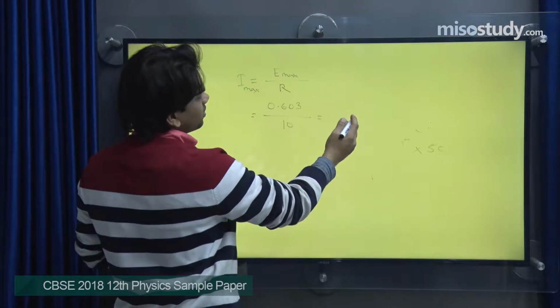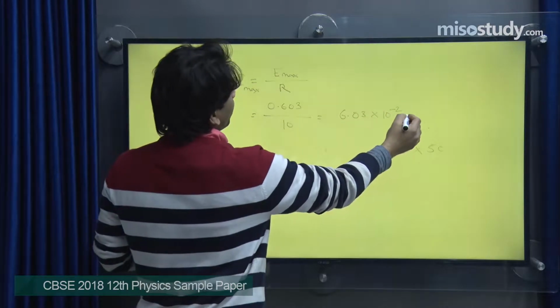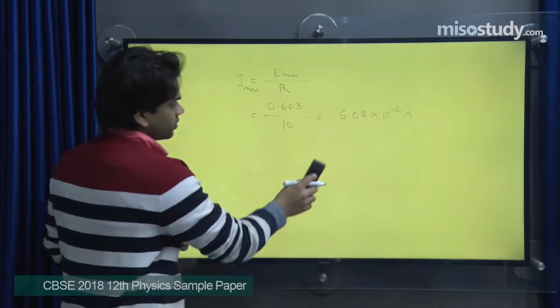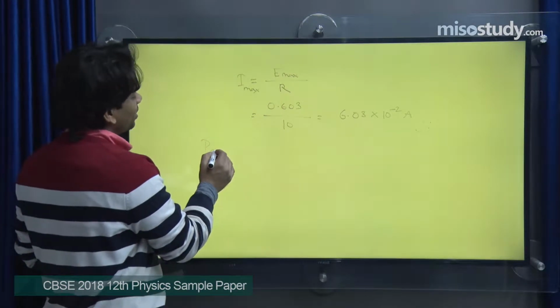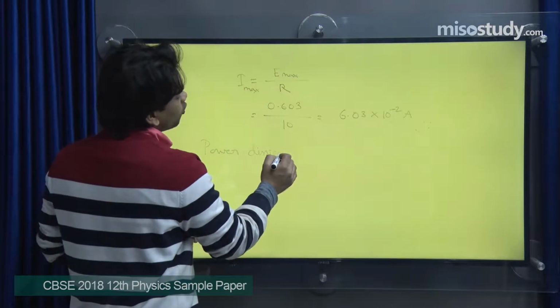So you will get 6.03 × 10^-2 ampere. The power dissipated will be simply I square R.